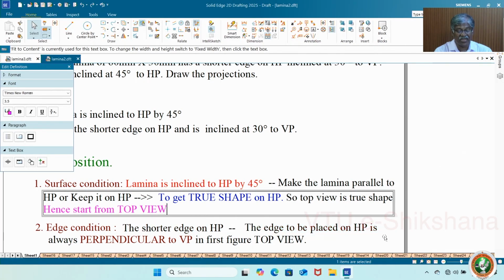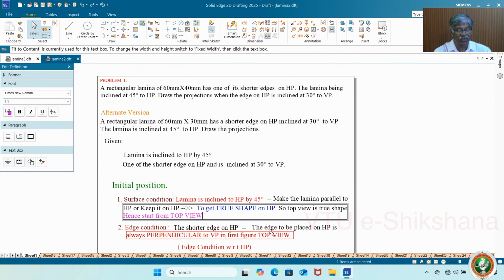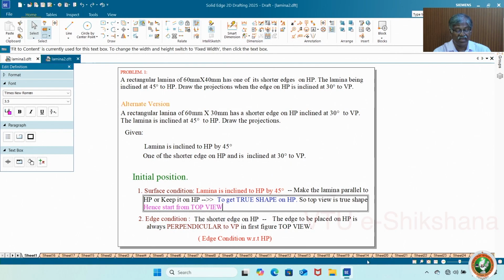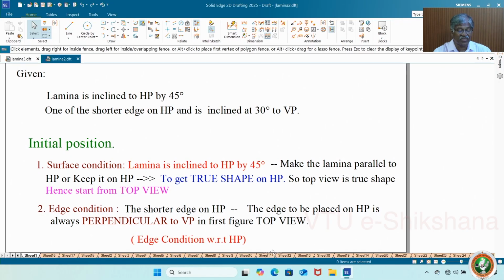Definitely the edge to be placed on HP is always perpendicular to VP in the first figure, top view. So this is the information. So we have to start, and totally I call this particular condition an edge condition with respect to HP. The lamina inclined to HP and something on HP means always it is edge condition. It can be corner also. In that case, you call that a corner condition with respect to HP.